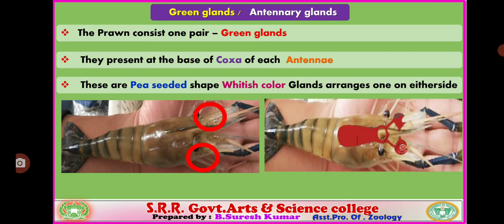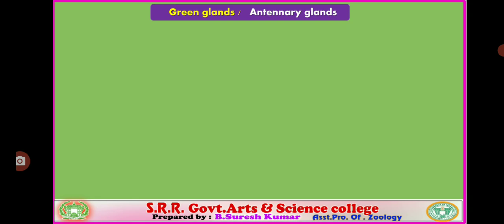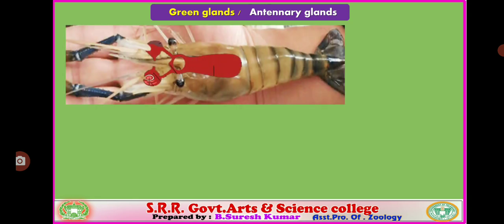This is the arrangement of the green gland inside, not outside. Just imagine. The second diagram indicates the arrangement of the green gland inside the body. The location of the green gland is at the base of the antenna, one on either side.